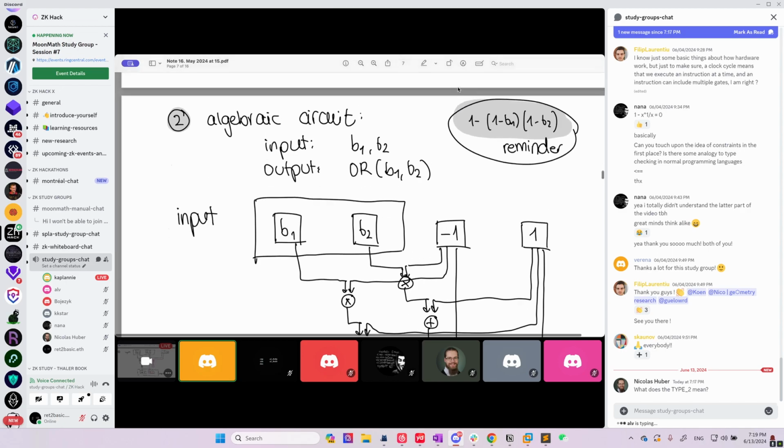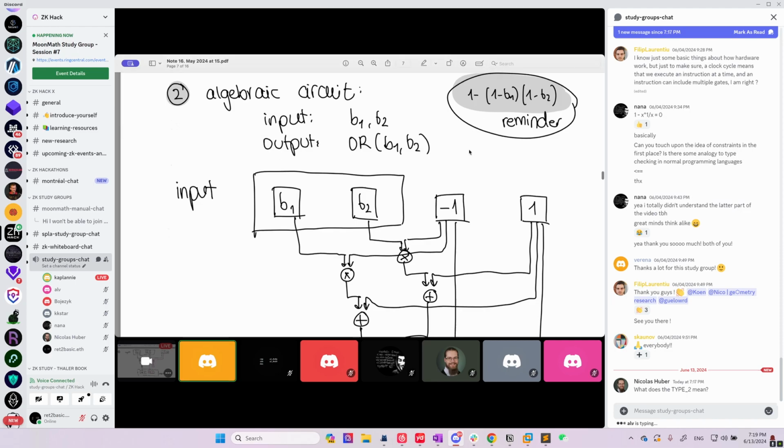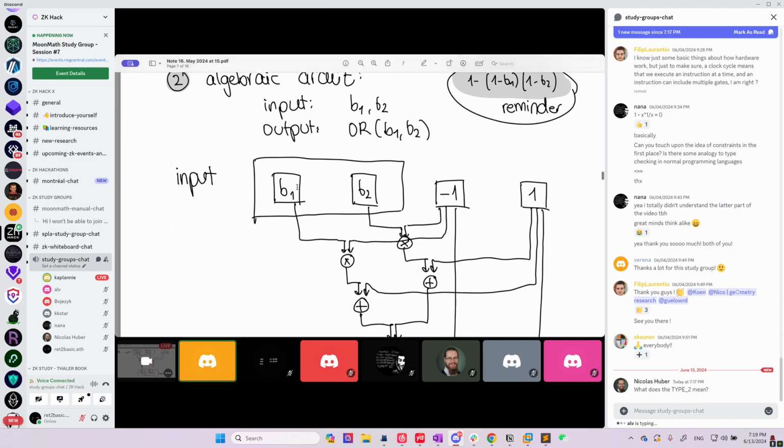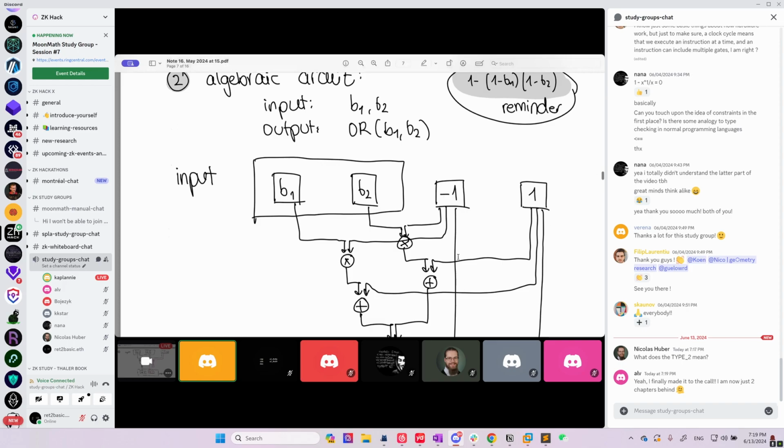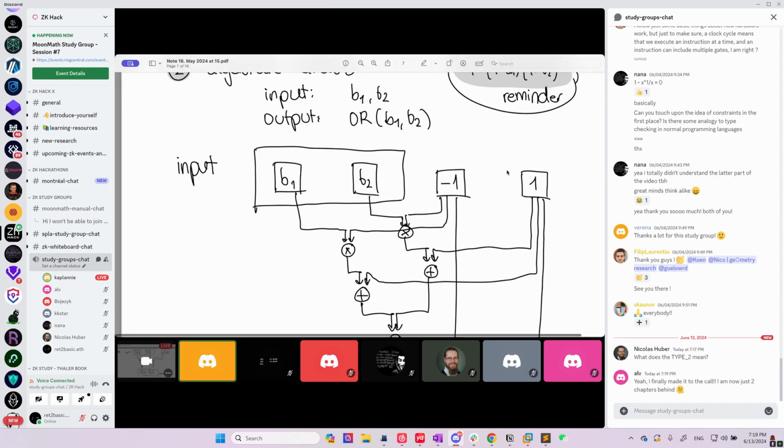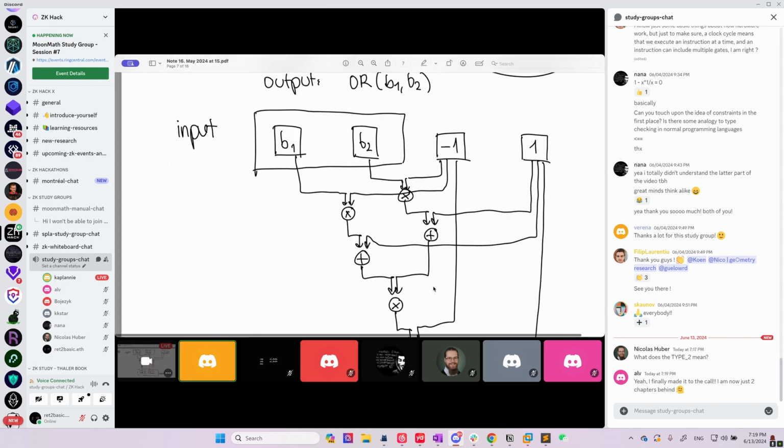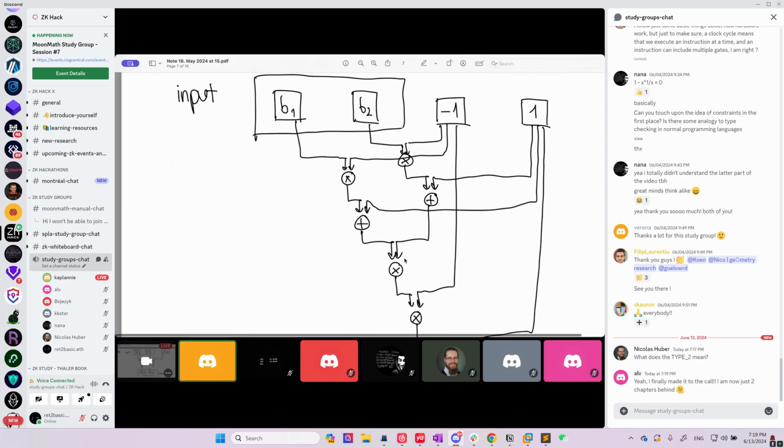This is the reminder of the right-hand side. So we're going to do minus B1 plus 1, so that's 1 minus B1 here, and then we're going to do B2 times minus 1, so that's minus B2 plus 1, so that's going to be the 1 minus B2 here. So we can multiply them together.